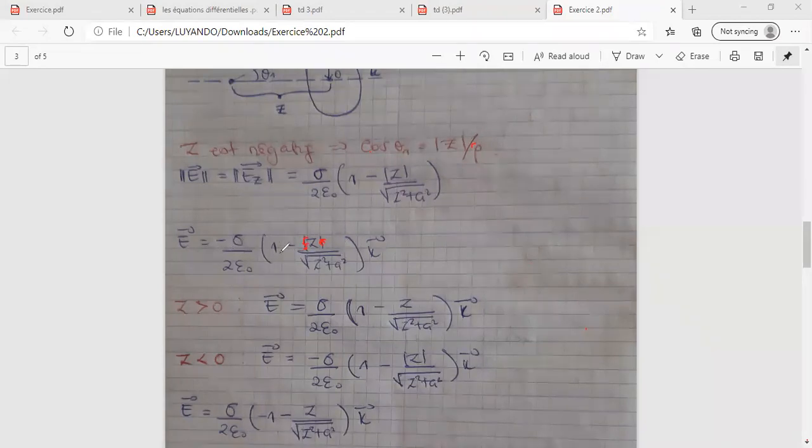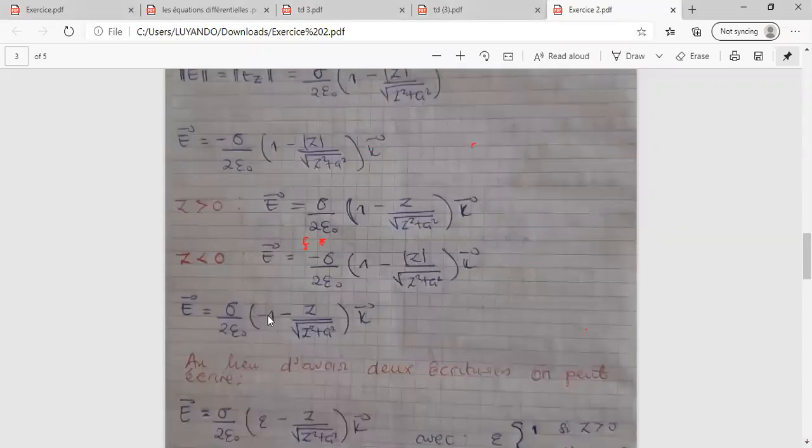So for z greater than 0, we're going to have this, which is our normal expression that we just found. And for z less than 0, we're going to have this that we have here. We're going to have the negative multiplying the whole expression, and we're going to have negative the constant 2 epsilon 0, minus, so the negative multiplying inside here, we're going to have minus this, minus z over the square root of z squared plus a squared, which is what we have there.